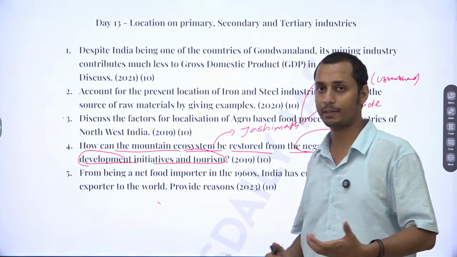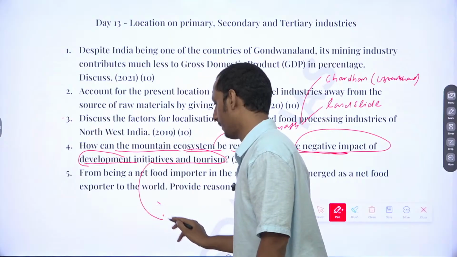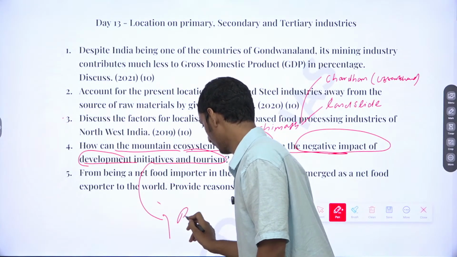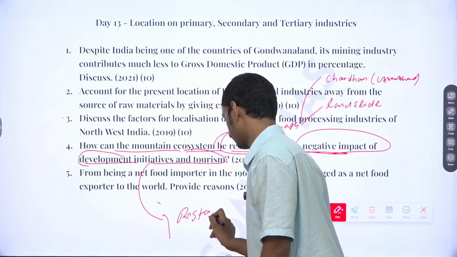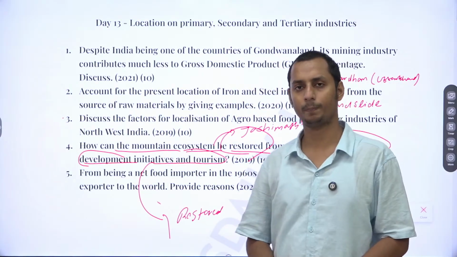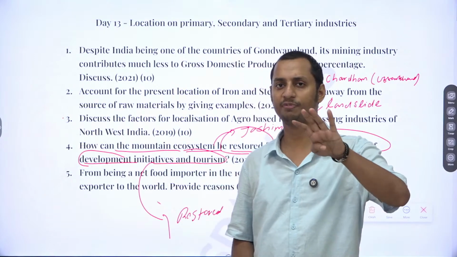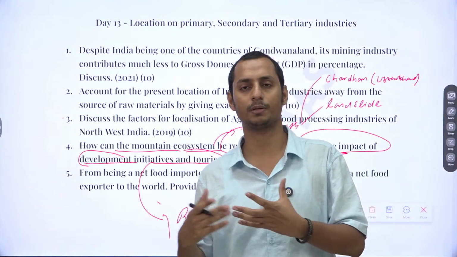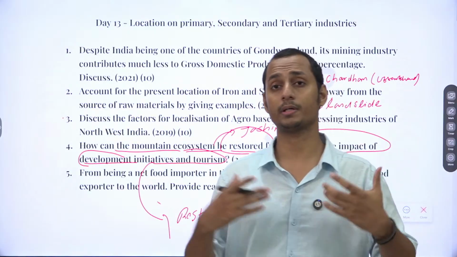And also, what about the second body part? The second body part is the main body part here, and you have to mention how they can be restored. So here, if you go by the weightage, you can mention at least 4 points in the first body part, as in what are the reasons for development initiatives and tourism causing damage to the mountainous ecosystems.